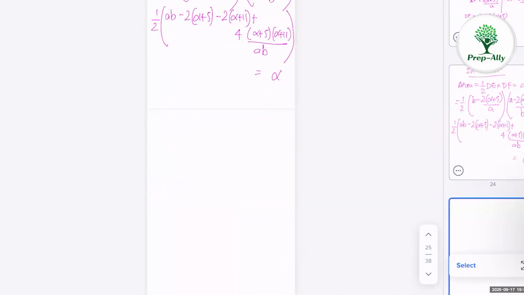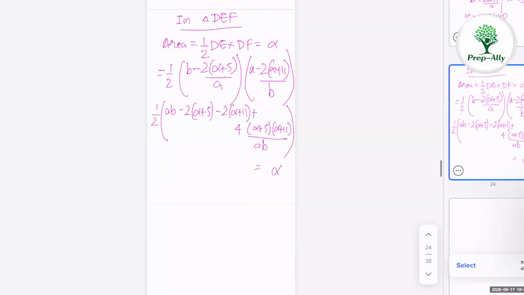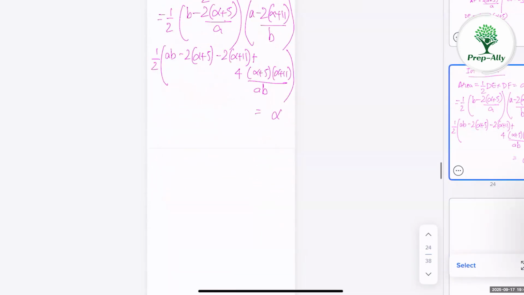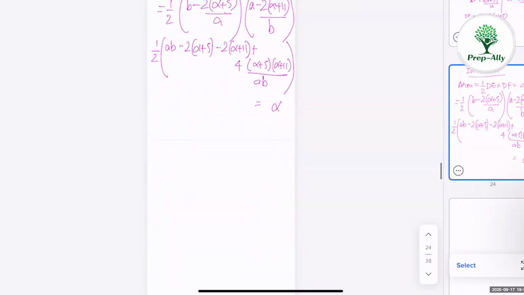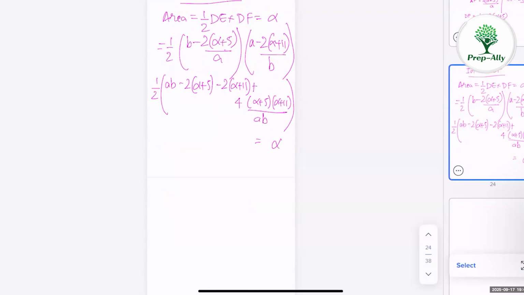Now, we know that. So let's multiply the whole equation by 2AB. So we'll get AB the whole square minus. So let's add these two together.